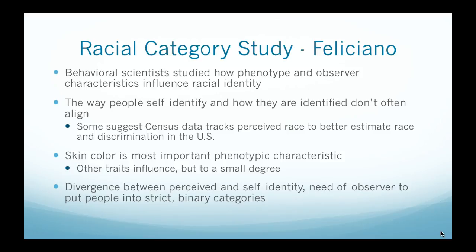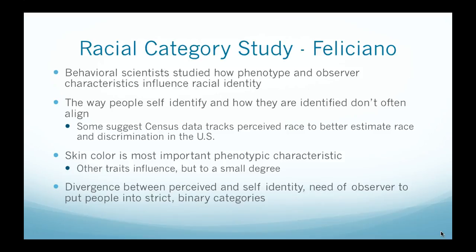So how people self-identify doesn't always align with how we or someone else would identify them. Some of these issues can come up when you're looking at census data. They talk about this in your textbook as well, that census data uses self-identification of race to correlate race and education or race and socioeconomic status, and to look for general trends in the population of the United States.